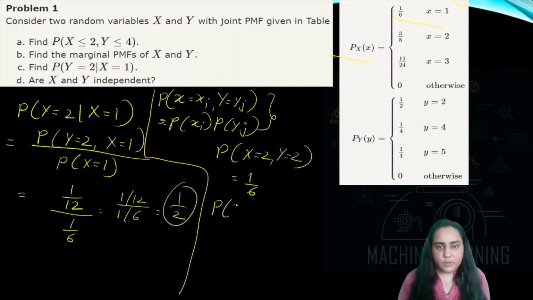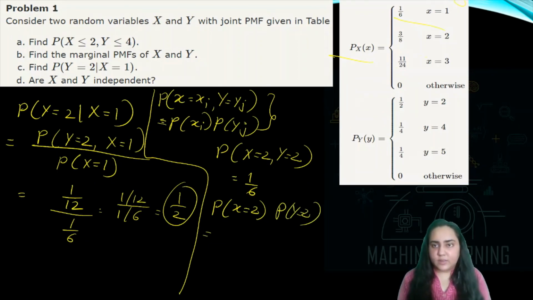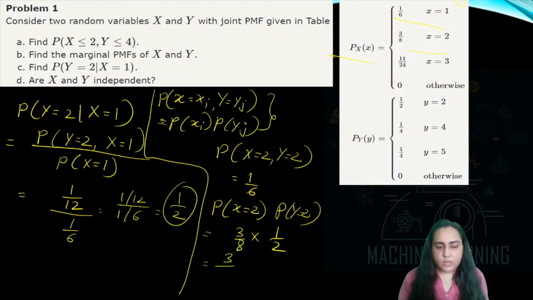But if I find p of x equal to 2 into p of y equal to 2, what does that give me? So from my table, I can say that x equal to 2 is actually 3/8, and y equal to 2 is 1/2. So 1/2 times 3/8, 2 eights are 16, so this is going to be 3/16.